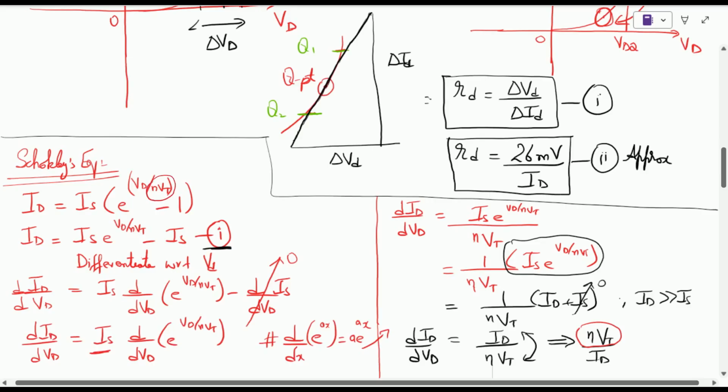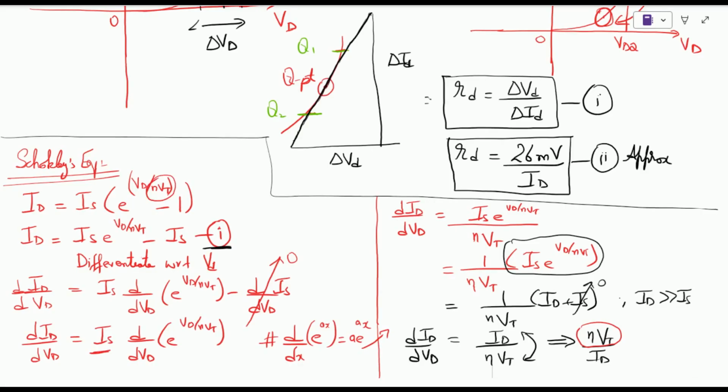With the values that it has, the final output comes out to be 26 millivolts divided by Id, and this is the proof of our equation where the value of eta is taken as 1. So hence we have proved our approximate equation, that is equation number 2, that we can also find the AC resistance or the dynamic resistance of our diode using this approximate equation, which comes from mathematical proof.